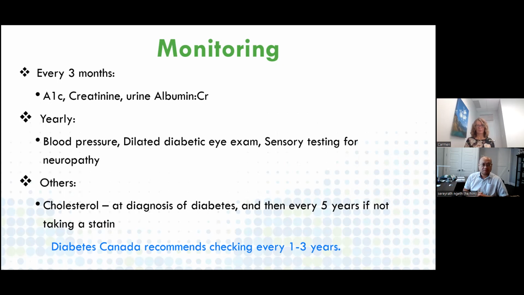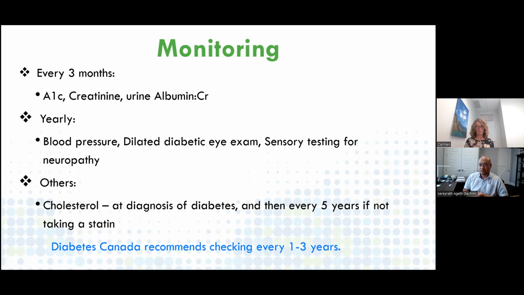I also measure their urine albumin to creatinine ratio. As I mentioned, with diabetic nephropathy, you can spill protein into the urine. So the albumin to creatinine ratio is a marker of how much protein is being spilled into the urine, and hence a marker for diabetic nephropathy. On a yearly basis, I like to measure an individual's blood pressure. I do it more often if they have a diagnosis of hypertension and are on antihypertensive medications.